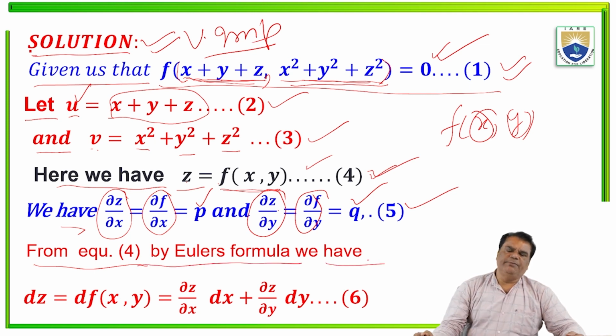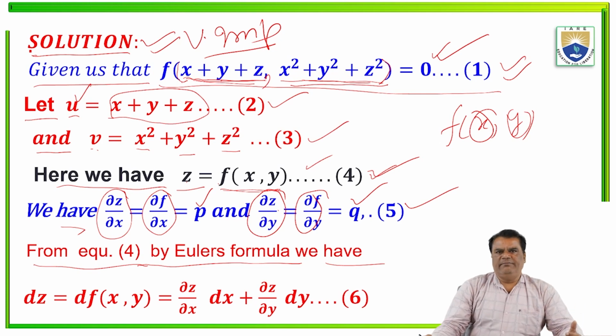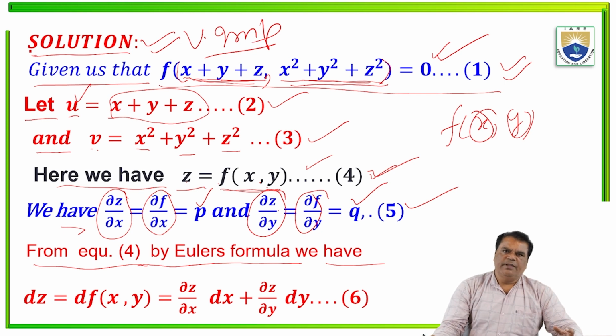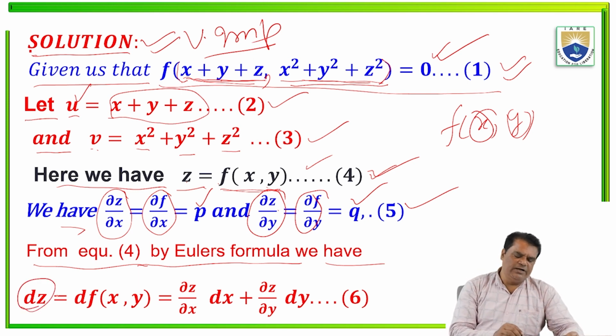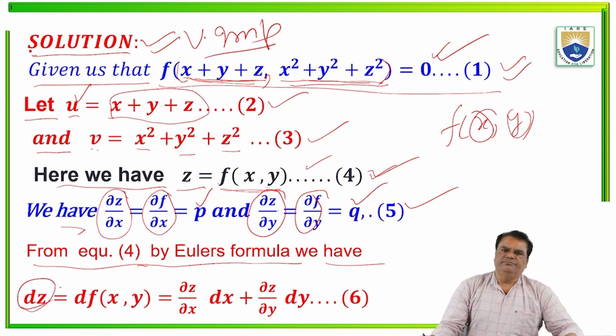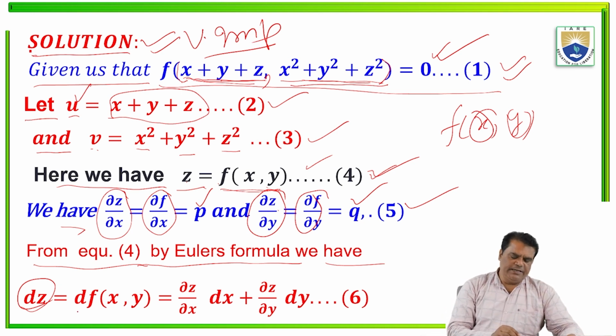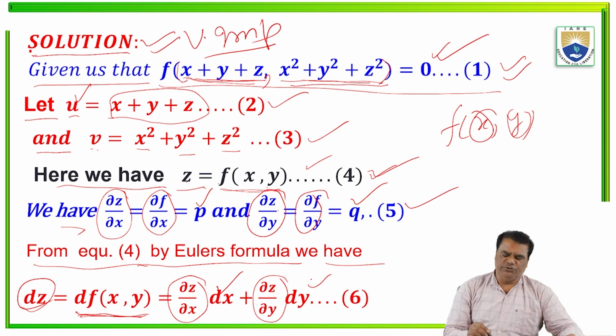If any function is dependent on more than one variable, suppose z equals a function of x and y, and we want the total differential of z, that is known as dz. dz is the total differential of z with respect to x and with respect to y. Then we can write dou z over dou x into dx plus dou z over dou y into dy. This is equation 6.